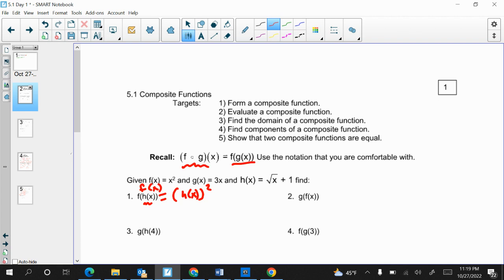And hey, I know what h of x equals. So h of x is the square root of x plus 1, squared. Then I go ahead and multiply this out. I could perform those operations. And that gets me x plus 2 root x plus 1.